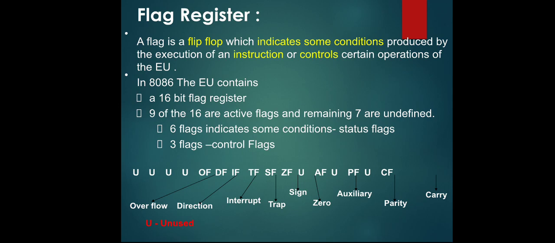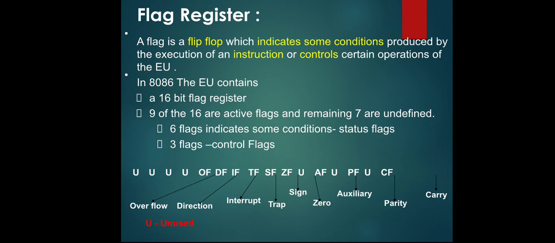Now let us look into a most important topic called the flag register. Generally, the flag register is also known as the status register, because after performing any arithmetic logic operation, the flags get affected depending upon the conditions or controls that occur in the processor.